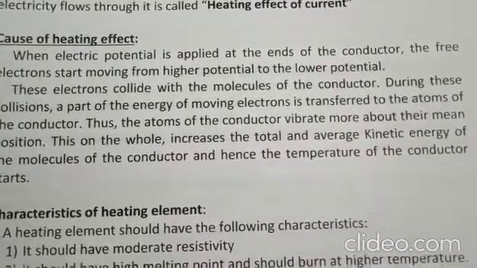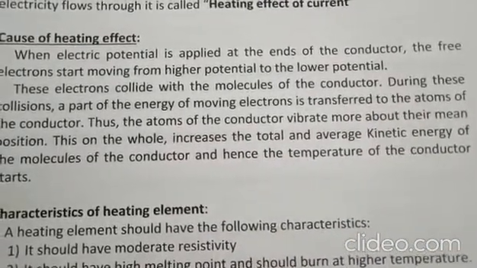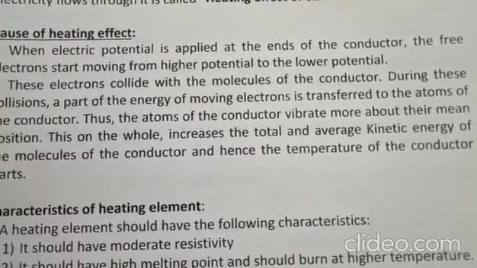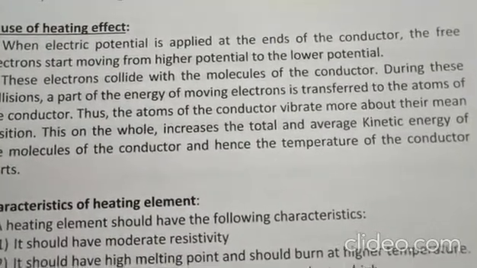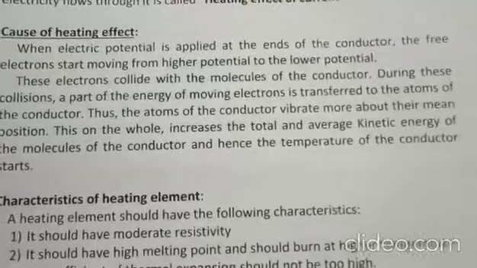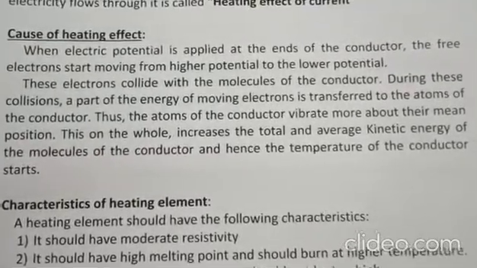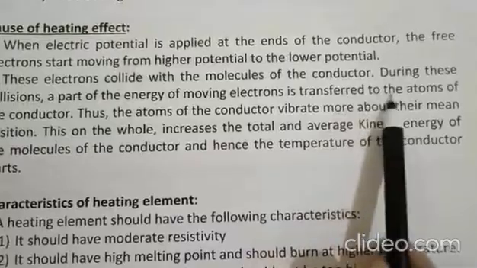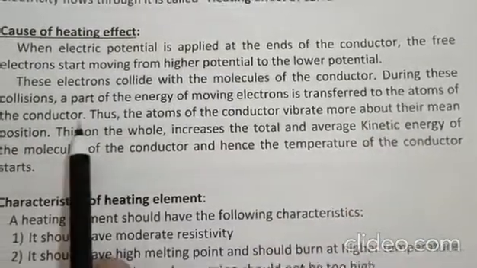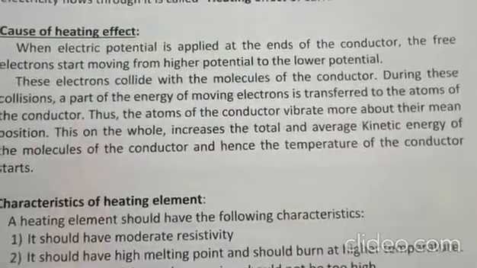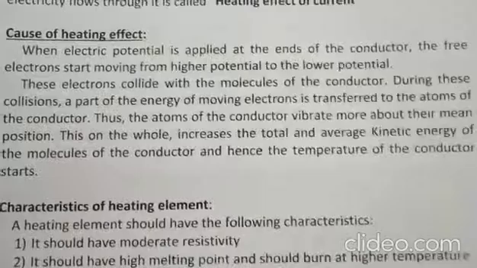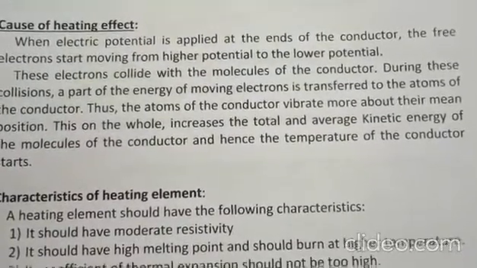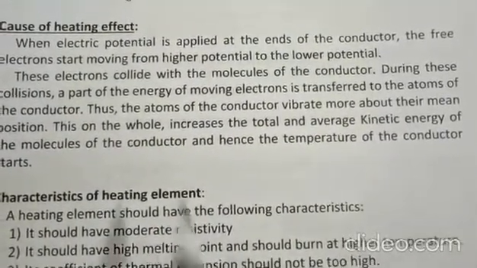So when the electrons are moving, which are known as free electrons, they will be colliding with the other electrons. And as we know, the moving electrons will have some energy. And that energy of the electrons is transferred to the atoms of the conductor. That means when these free moving electrons collide with the other electrons, there will be change of energy.